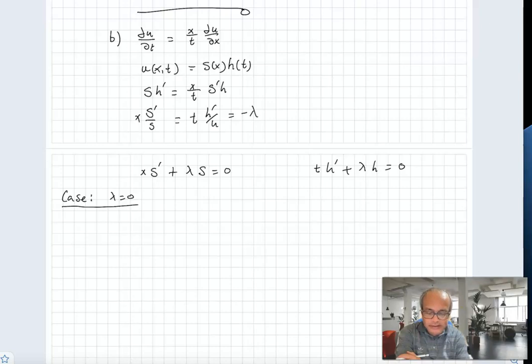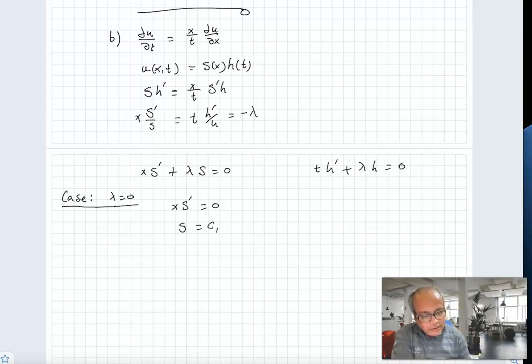So if lambda is 0, then you get s prime times x is 0, or s is a constant c1.